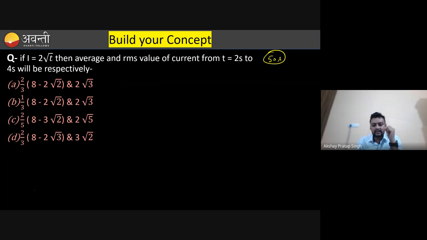Otherwise, I am giving you some 50 seconds to solve. Anyone getting the answer?